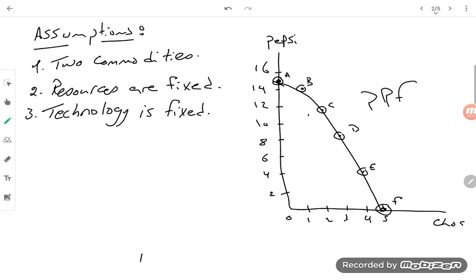PPF is like a boundary between what can be produced and what cannot be produced.